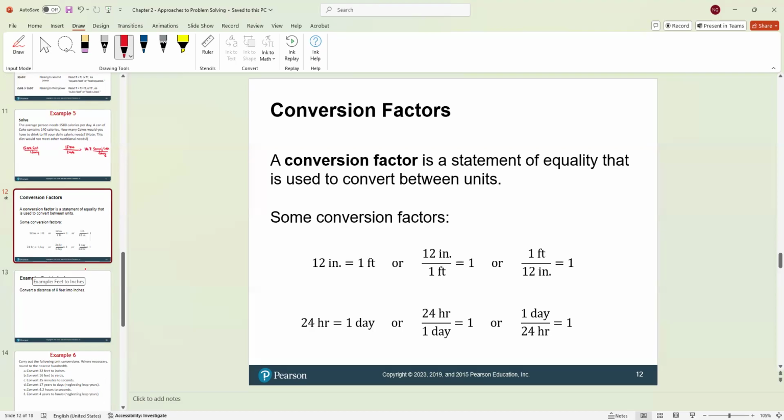One day is 24 hours, 1 hour is 60 minutes, 1 minute is 60 seconds, 1 hour is 3,600 seconds, 1 year is 52 weeks, right? And 1 year is 365 days, so there's so much you can do converting from one thing to another.